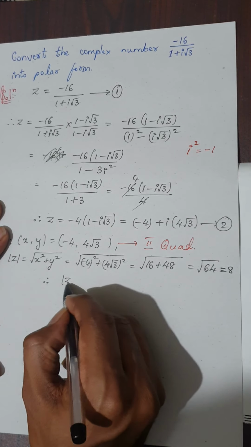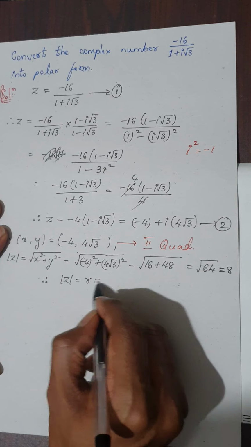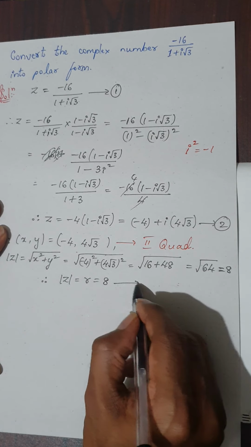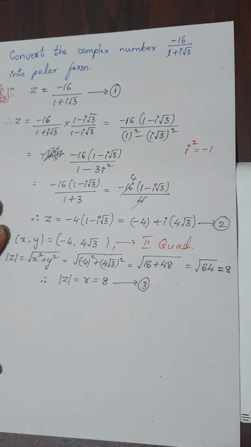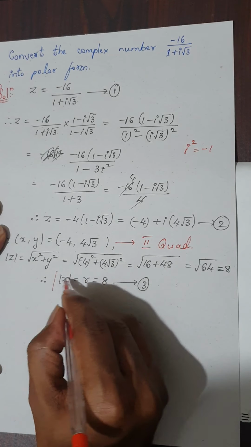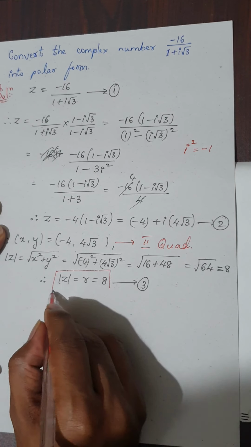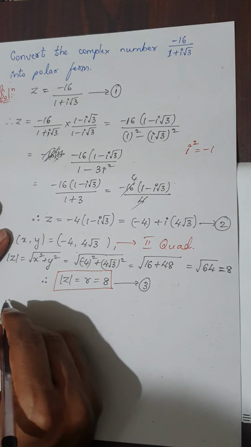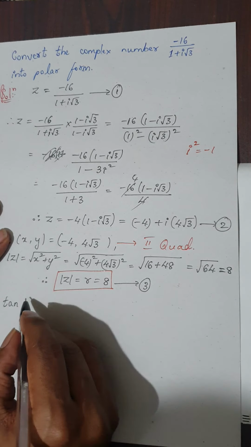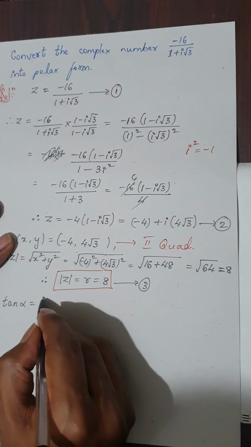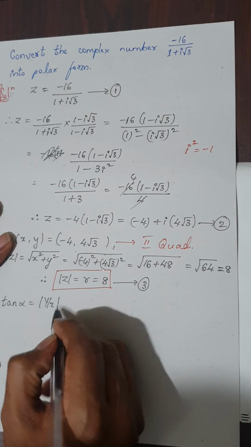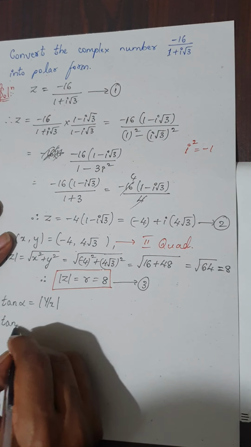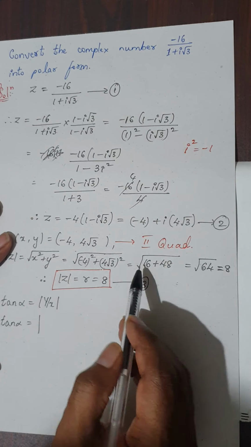Therefore, mod z is nothing but the value of r. This value is 8. I can take this as equation 3 and frame it because I need this to write the polar form. Hence finally the value of alpha I have to find. Tan alpha is equal to modulus of y by x. So tan alpha is equal to modulus of, what is y value?